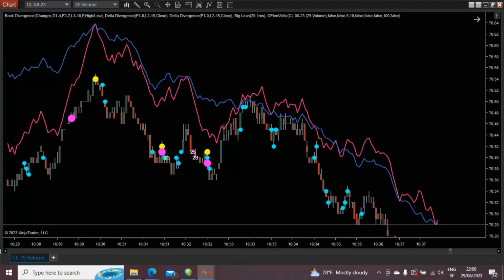Okay, so Voltics could be used as an entry on absorption. Yeah, potentially. For example, if the absorption happens at a bottom edge, and you have a bunch of Voltics sitting around there, the absorption is probably indicating that the sellers are being absorbed. And if, all things being equal, you believe that this is a valid long trade, then you could put your entry just above those Voltics so that you've got some protection.